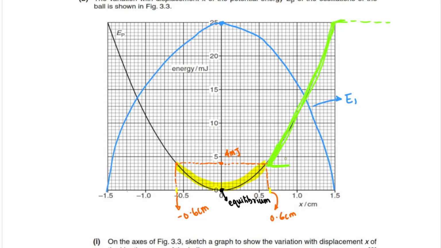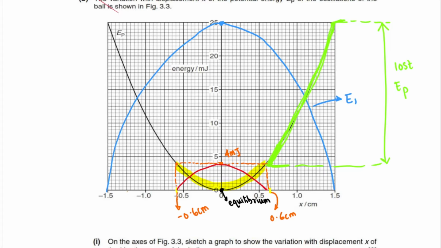We can measure this. This is the amount of potential energy that was lost. And as a result, the kinetic energy graph will change and it will become the red portion.